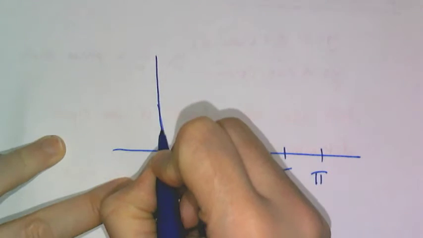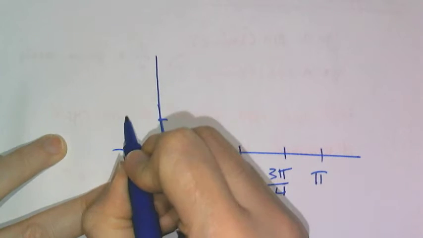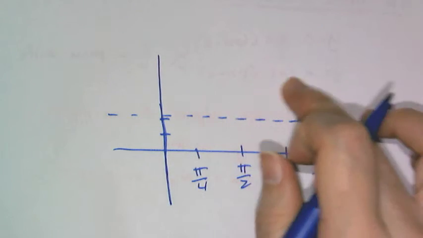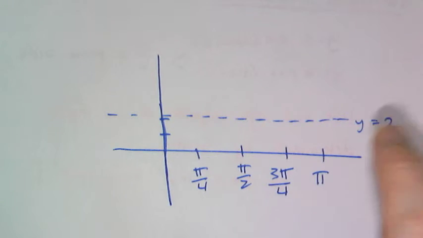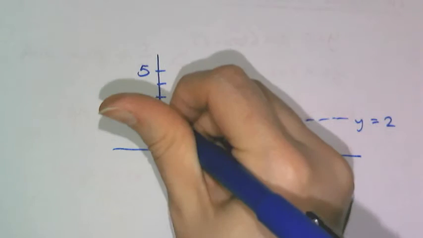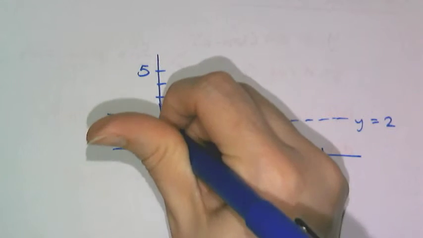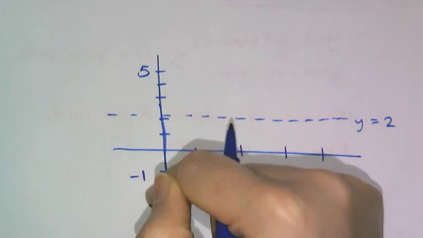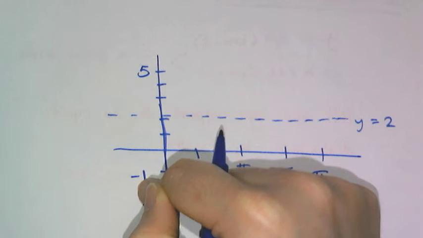And so I know that at y equals 2, I have the line that my function is going to oscillate about. I know the amplitude is 3, so it's going to go up 1, 2, 3 to 5, and it's going to go down 1, 2, 3 to -1. So my max value is going to be 5, and my min value is going to be -1.